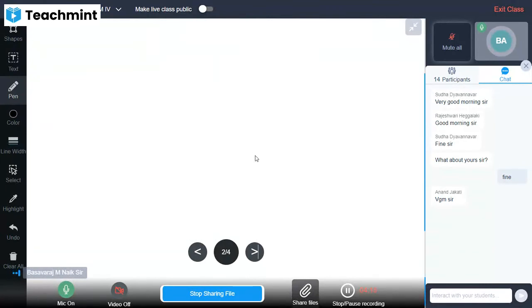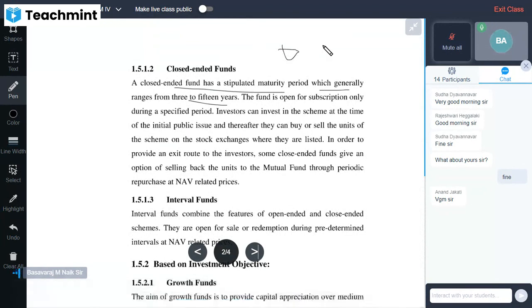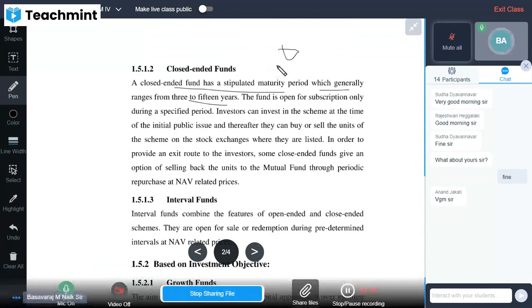Next, close-ended funds. Just contrary to open-ended funds, they have a stipulated maturity period, which generally ranges from 3 to 15 years. In open-ended funds there is no time horizon and no fixed maturity period, but in closed-ended funds there is a stipulated maturity period, generally 3 to 15 years.